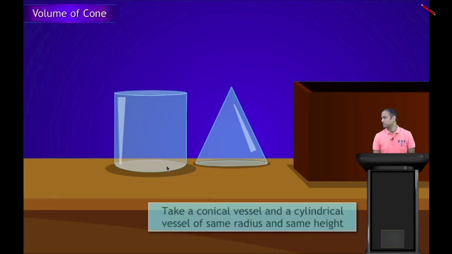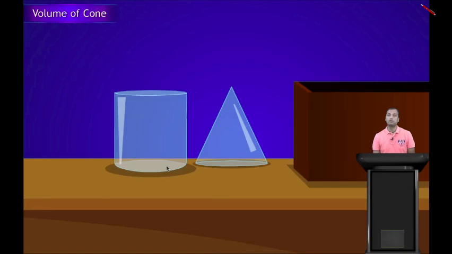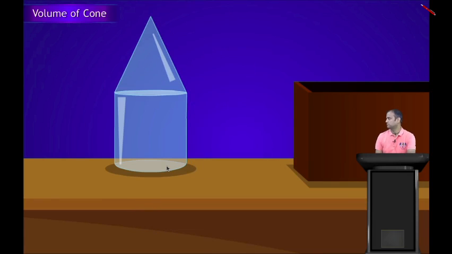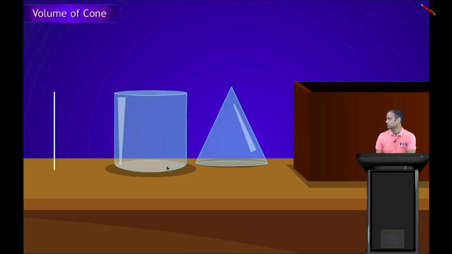Now what is the volume of cone? To find the volume of cone, you can take the help of a cylinder. Now take a conical vessel and cylindrical vessel of same radius and same height. So it is the same height and same base.